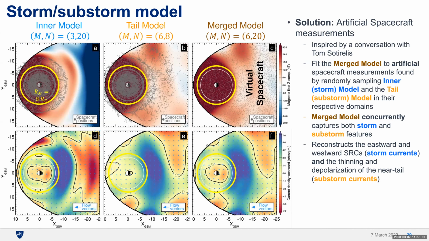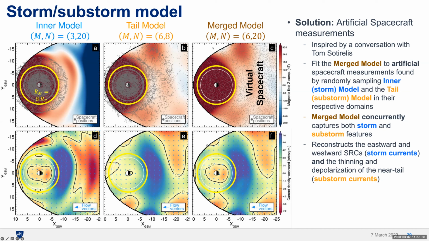And we actually landed upon this clever solution where we take our inner model and we take our tail model, and then we just uniformly sample these two models to get our merged model that really gives us the best of both worlds here. So we can see this is a 3x20 for the inner magnetosphere, 6x8 in terms of these expansions.